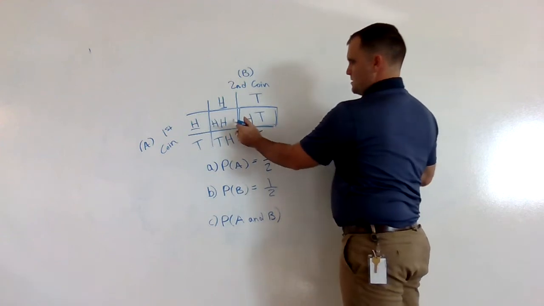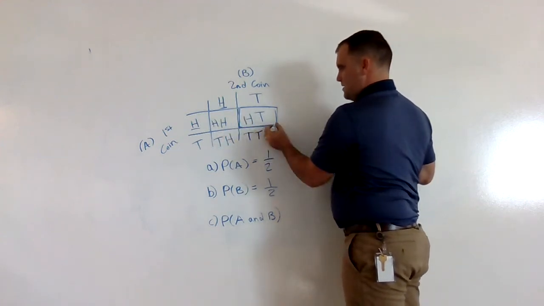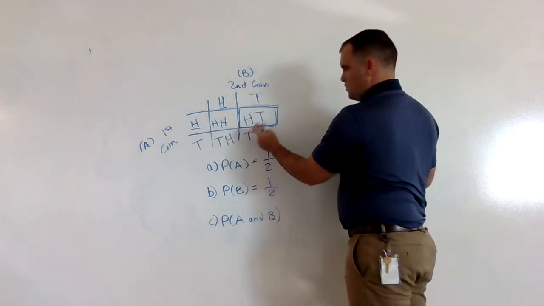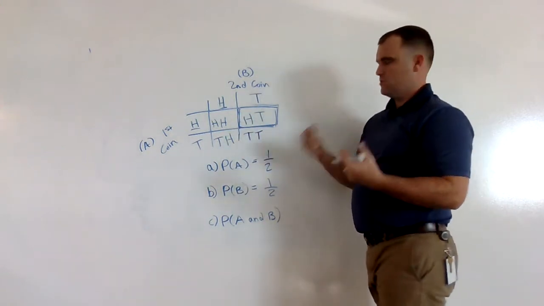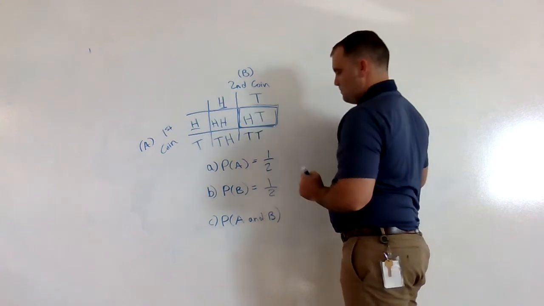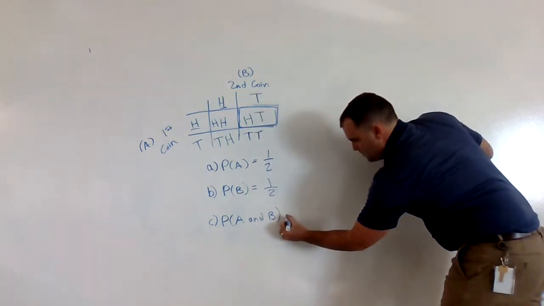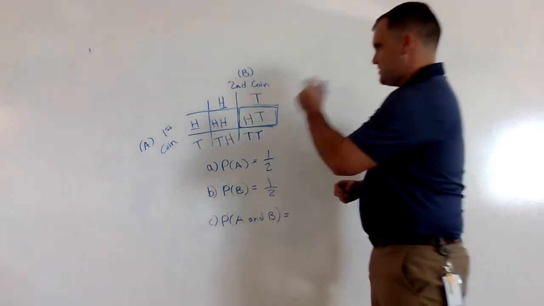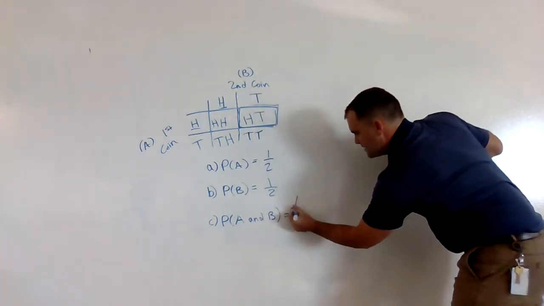Now, this is one possibility out of 4 total possibilities, right? There are 4 total possibilities that could result when we flip two coins. That's one possibility. So the probability of flipping a heads on the first coin and then a tails on the second coin is going to be 1/4.